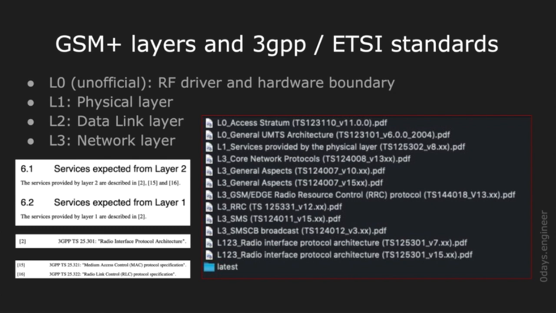But in the specifications, layers start from 1 and proceed to 3. From the offensive perspective, the most interesting is level 3, as you can see from the screenshot of specifications, because it encodes most of the high-level protocol data, such as handling SMS and GSM. This is the part of the protocol which actually contains interesting data structures with TLV values and so on.